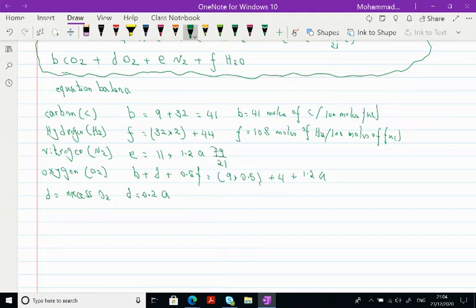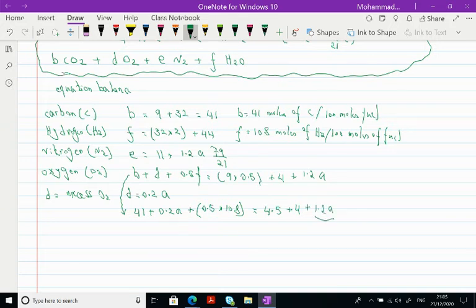So B is equal to, from this equation, B is equal to 41, D is equal to 0.2A, and F is equal to 108, and on the other side we have 4.5 plus 4 plus 1.2A.